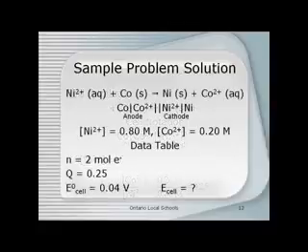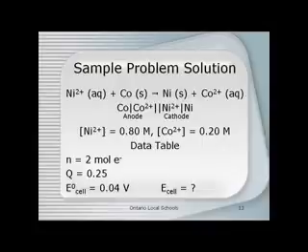Let's look at our data table to solve for E of the cell here. We know that N is equal to our 2 moles of electrons. We know that from the energy of the cell calculations, because Ni2 plus needs 2 moles of electrons per mole of Ni2 plus to be reduced to nickel.